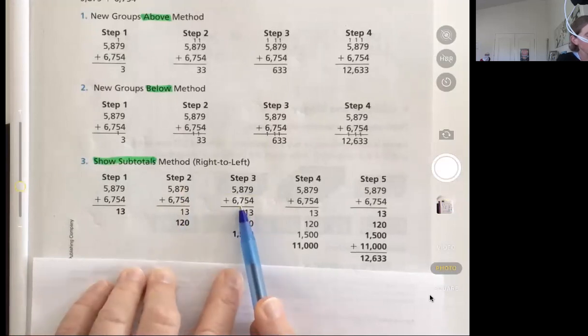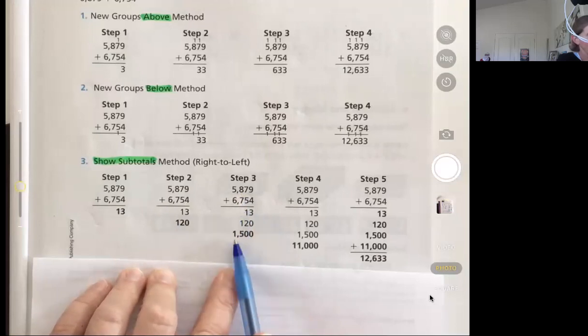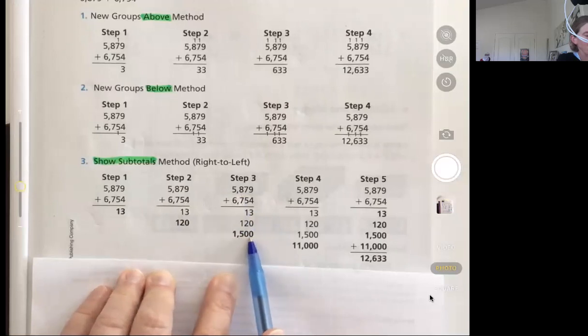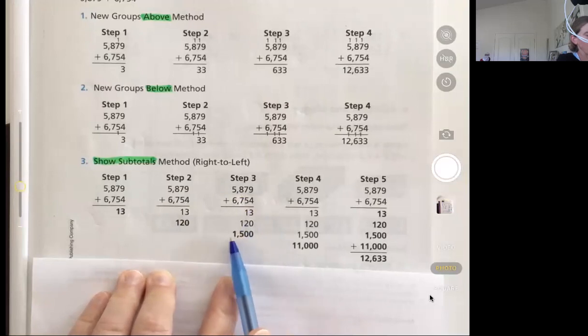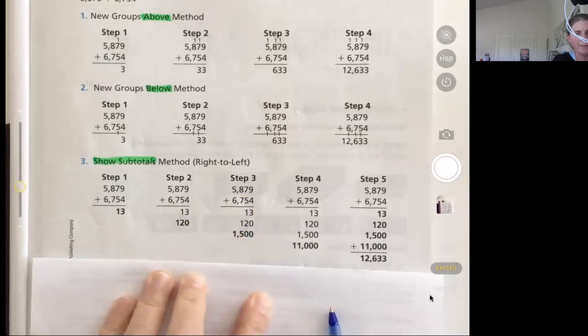I'm ready to go into the hundreds place. If I have 800 and 700, when I write the entire total, 8 and 7 is 15, and I know that I'm in the hundreds, which gives me those 2 zeros. So 1,500. Again, my ones, tens, hundreds, and now thousands are lined up.